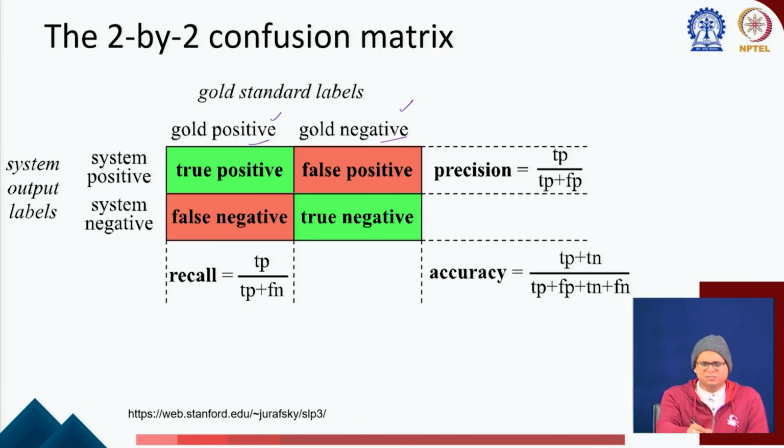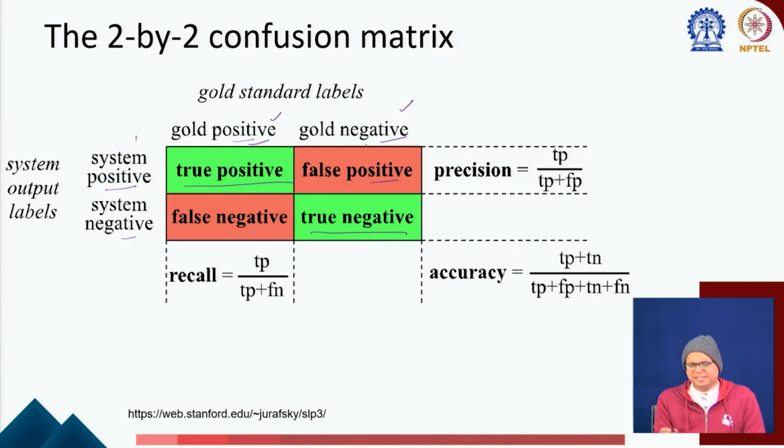Given a system, it will give something as positive, something as negative. So you can create a confusion matrix. Cases where the system said positive and ground truth is positive are called true positives. Similarly, if the system says negative and ground truth is negative, it's called true negatives. And then if the system is wrong, it's called a false positive or false negative depending on what the system said. If the system said positive and it's wrong, it's called a false positive. If the system said negative and it's wrong, it's called a false negative.